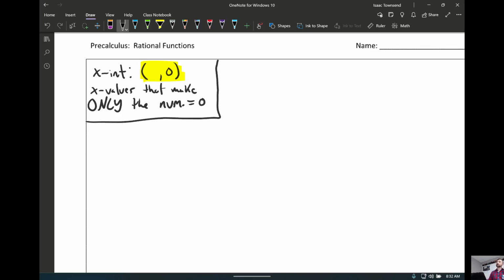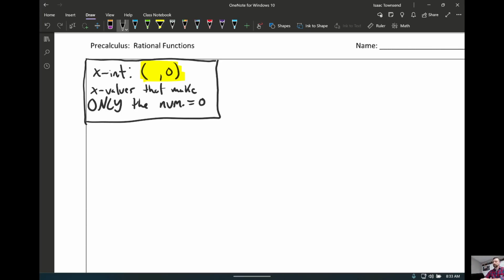Now, I'm going to box that off just because to me that's all I would need for x-intercept. But you might want to wait and see if you want to put an example with it later. And of course, the key word there is only, because if it also made the denominator 0, it's no longer an x-intercept, it's a hole instead.